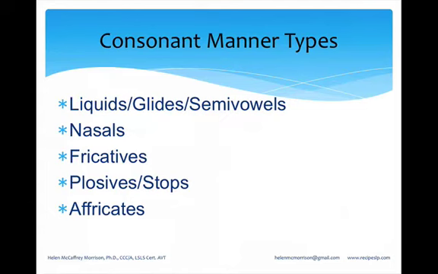The consonant manner types that we're going to talk about are liquids, glides, and semivowels as a single category, nasals, fricatives, plosives and stops, and affricates. And within each consonant manner type, as we proceed, you're going to receive a general description of production and some speech acoustics.